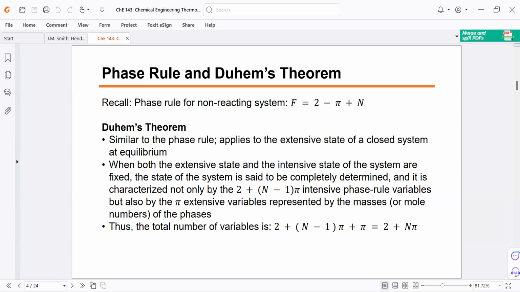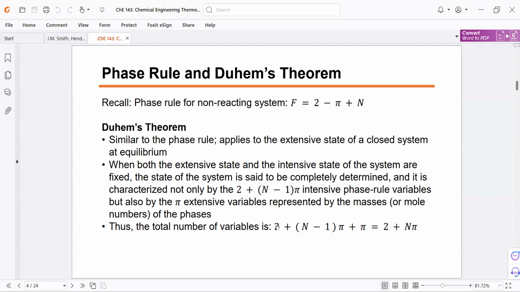And therefore, if you will remember, to calculate the degrees of freedom, we subtract the number of equations from the number of variables. So first we count the total number of variables.